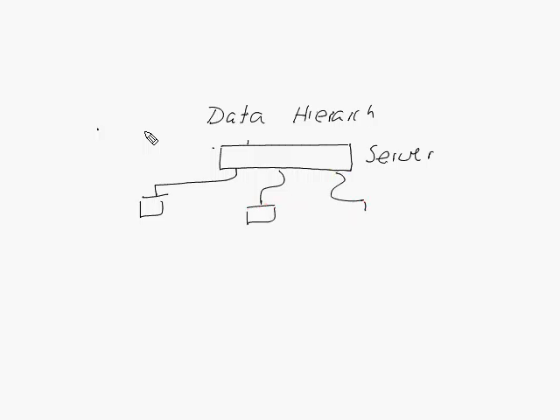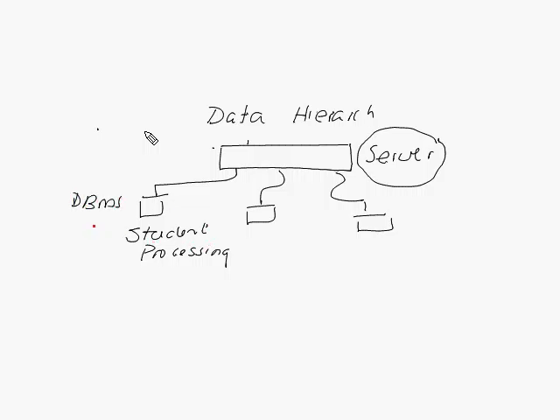For example, let's say that one of them is a student processing system. That is one application. Remember, this is a server. We will use a DBMS to basically design this. This incidentally is a database application system that we design.